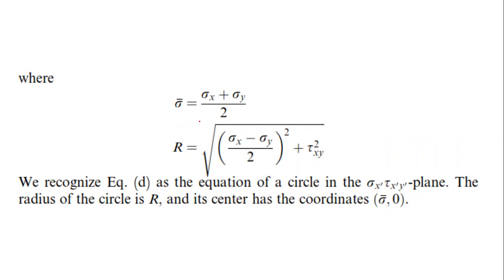These are the center of our circle, sigma average or sigma bar. Other books use sigma average; this reference is from chapter 8, whose notation is sigma bar. So the center of Mohr's circle has radius r.